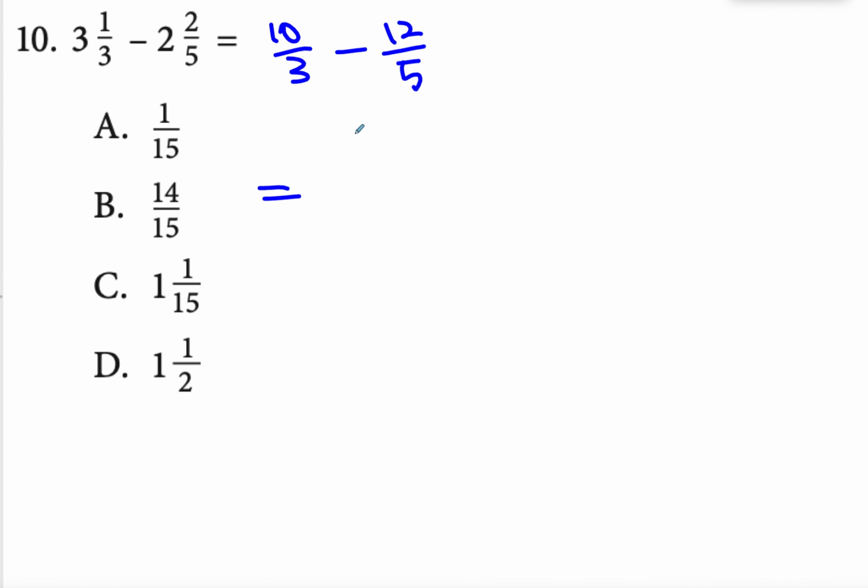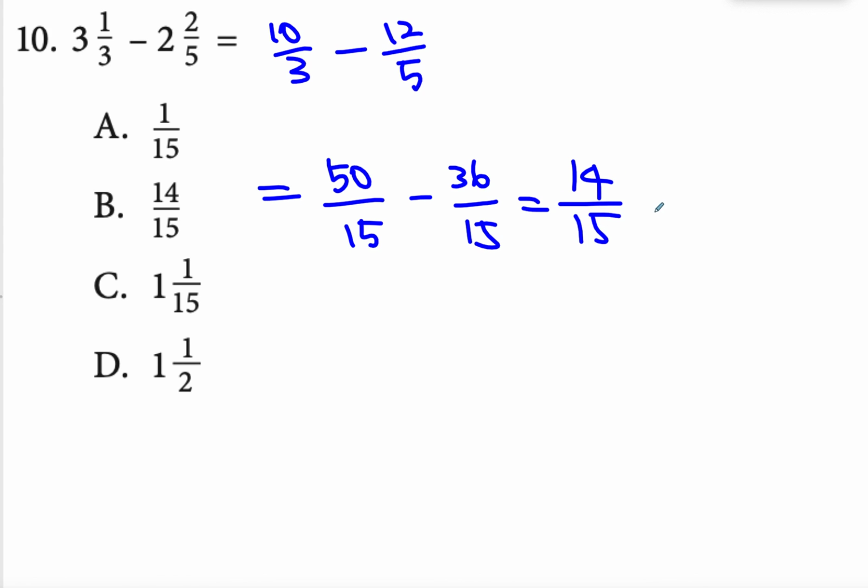But since their denominators are not the same, I'm going to make the common denominator. So I'm going to multiply top and bottom by 5, so we get 50 over 15. Here I'm going to multiply top and bottom by 3, so minus 36 over 15. Then we get 14 over 15, which is choice B.